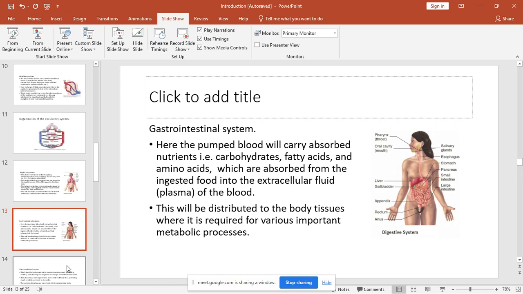You have to chew it, it has to be broken down into simpler molecules, and then it has to be absorbed into your blood. And then, the two systems working together, the GIT and the cardiovascular system, will be able to provide important nutrients that are needed to keep a constant environment for your muscle cell and many other body tissues, to be able to perform their normal functions.